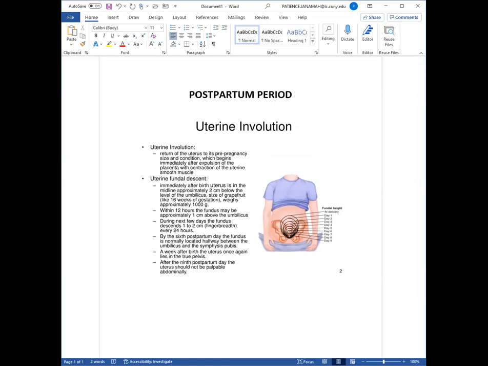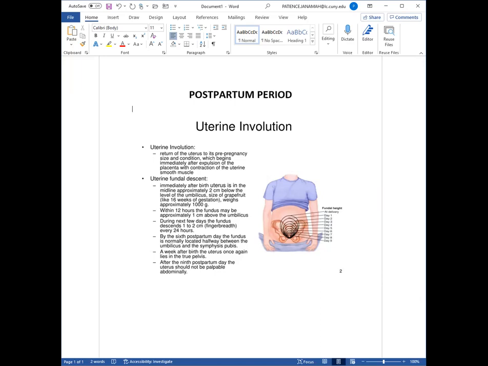So postpartum period is the period when the reproductive tract returns back to its normal non-pregnant state. Postpartum is when the uterus returns back to its normal non-pregnant state. And this period starts immediately after childbirth, and it's usually within 6 weeks.